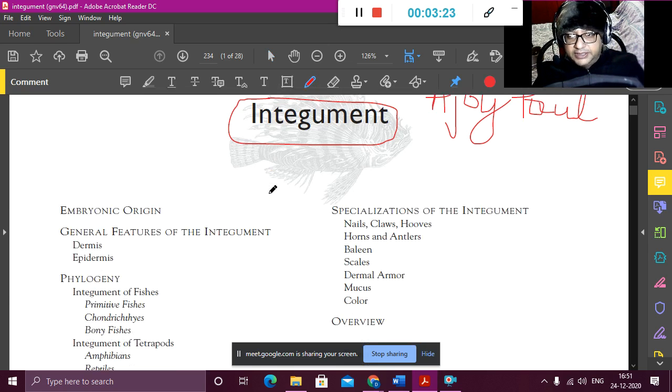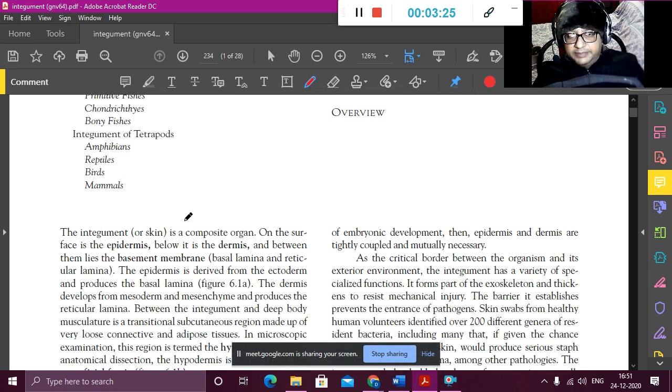From a layman's term, integument is basically the skin. Your skin is known as integument. It is a composite organ, because it has a lot of structures present. On the surface is the epidermis, and below it is the dermis.